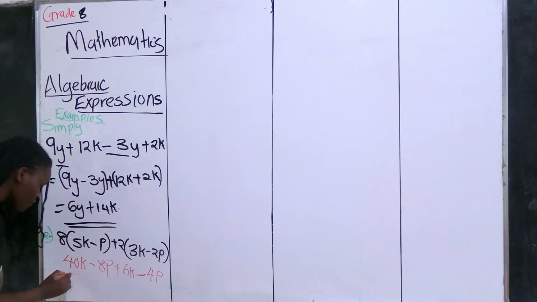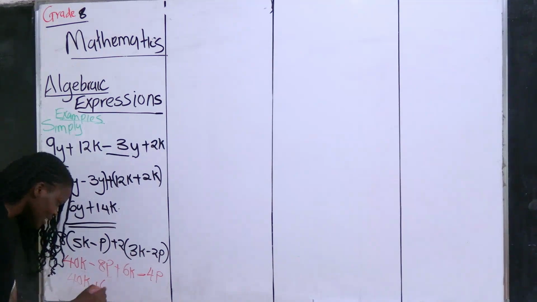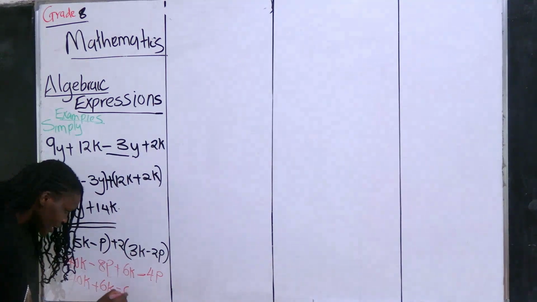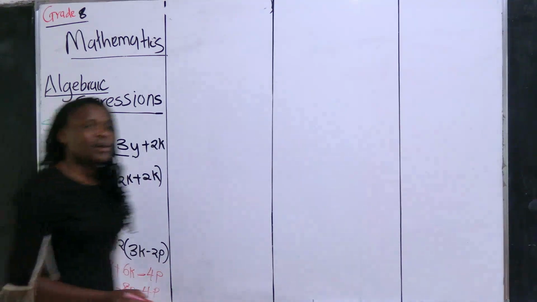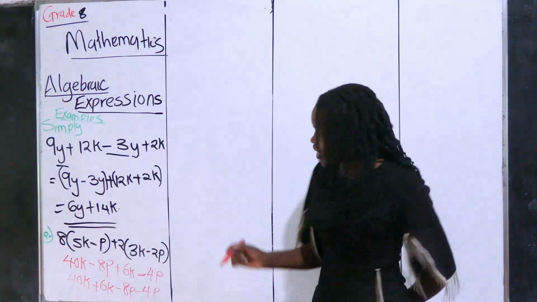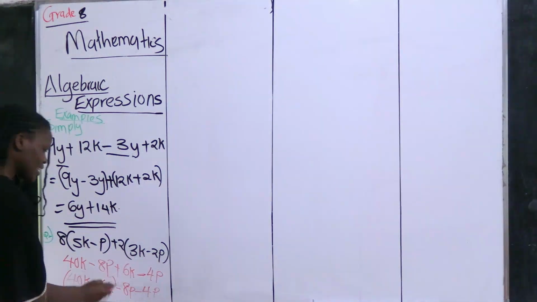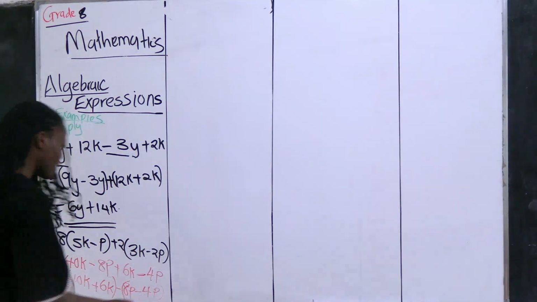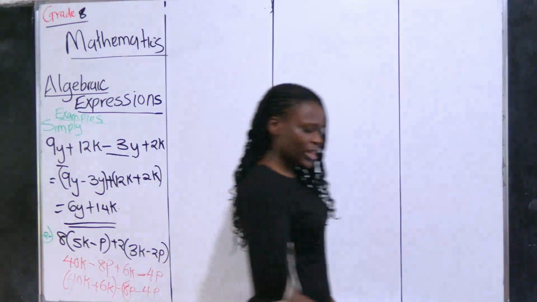We have 40k plus 6k, minus 8p minus 4p. Now we have grouped them together, k's together and p's together.